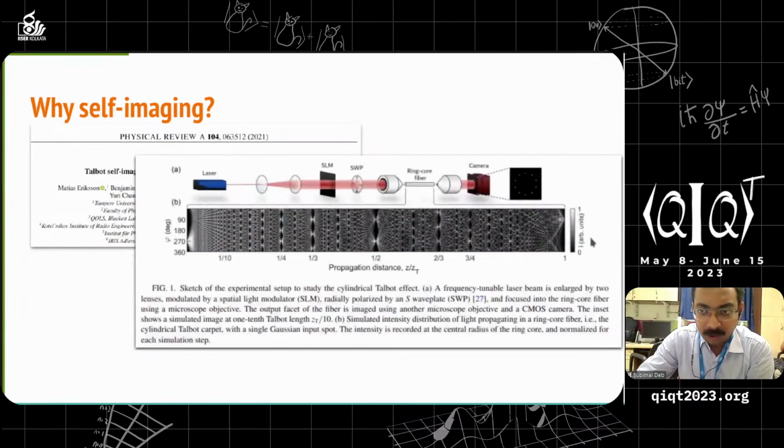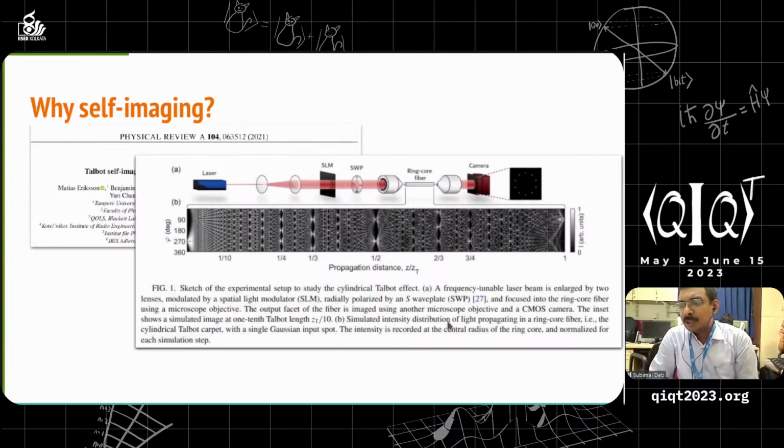I'll just show a figure from their paper, and what they had done is they injected light in the core, at one edge of the core, and as it propagates, it produces a beautiful Talbot carpet, and at the Talbot distance, you get a beautiful reproduction of the field. And what have they used it for?